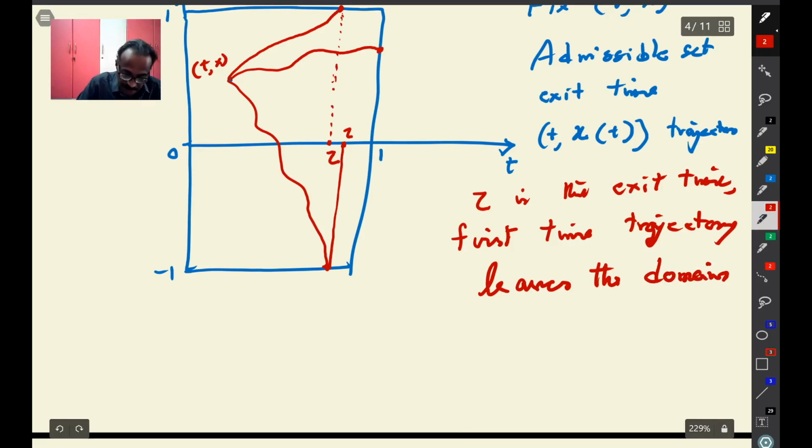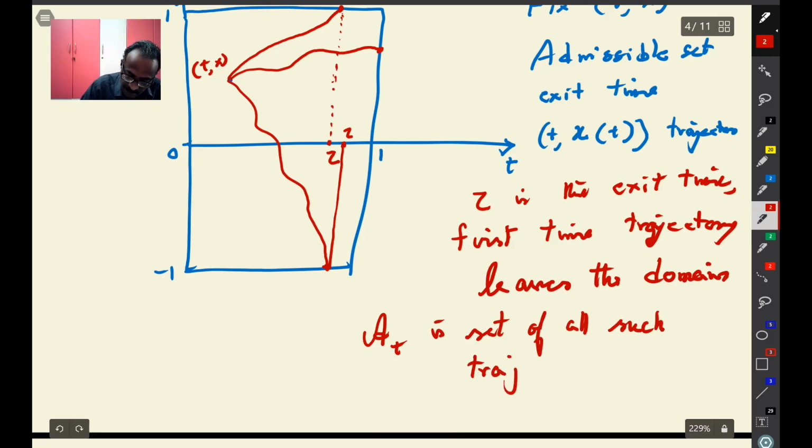Okay, and A(t) is the set of all such trajectories. And this we call the admissible trajectories.